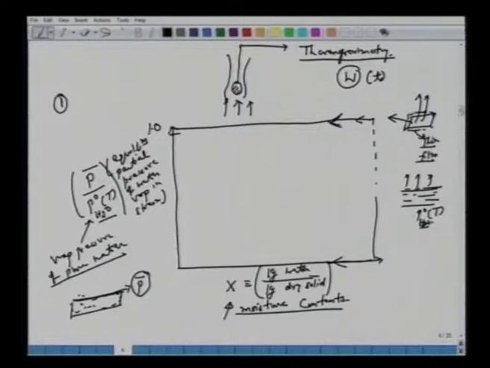Then after some time, you will see dry patches start occurring. Somewhere on the solid surface there is a wet patch, somewhere a dry one. At that time, if you plot a typical drying curve, this curve will go like this. So this would be your very typical P bar over P0 versus X curve.